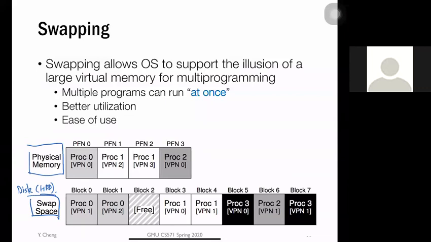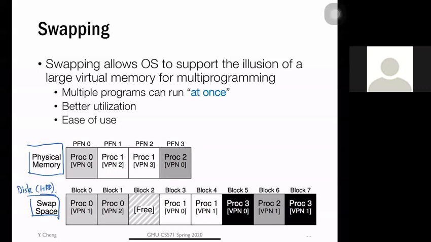And in this case, we are looking at 4 different processes: proc 0, proc 1, proc 2, and proc 3. As you can see, part of the first 3 processes are within the physical memory.